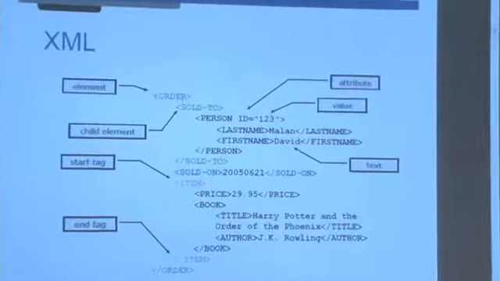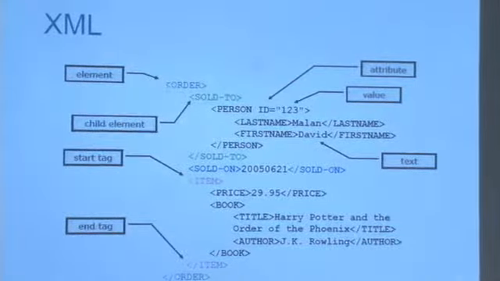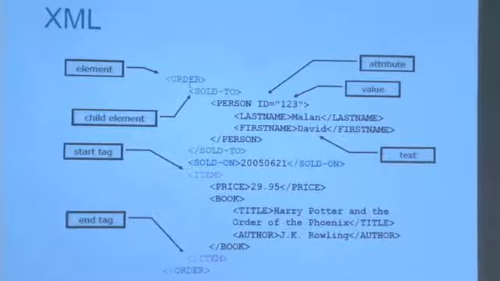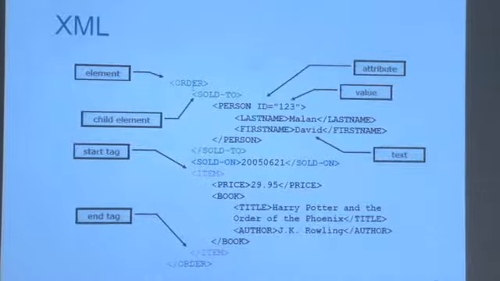All these tags, in this case all these capitalized tags, are elements. The element at the very top that encapsulates everything is the root element. In this case, the root element is order. And then inside you have different kinds of tags: sold to, sold on, item, book, price, person, all these.